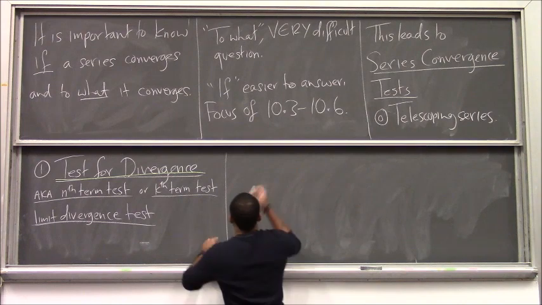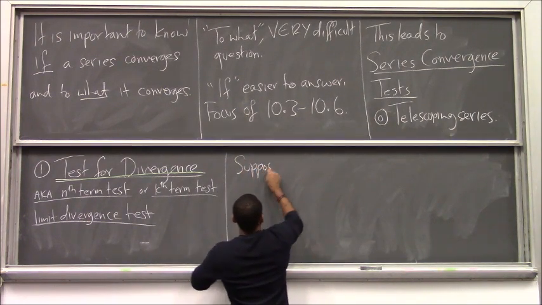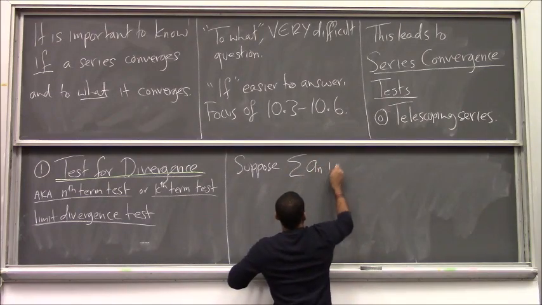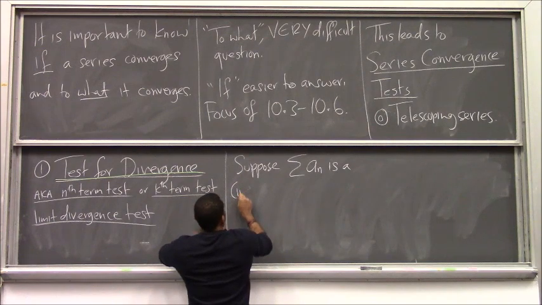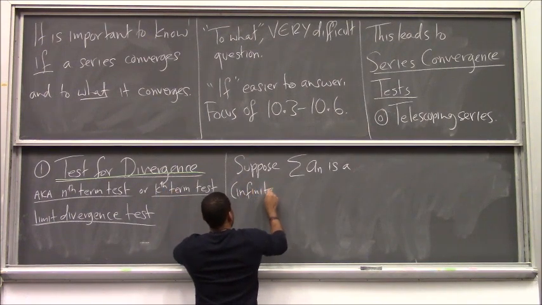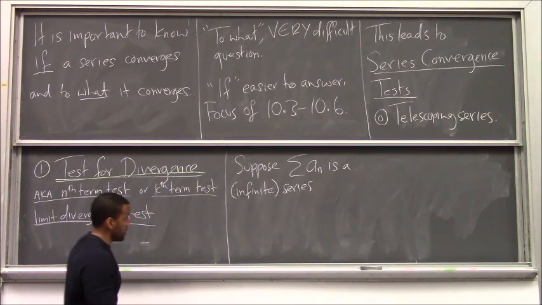And here's the test. Suppose the sum of a_n is a series. And of course, for the rest of the class, we're talking about infinite series here, even if I don't mention it. Finite series aren't very interesting.